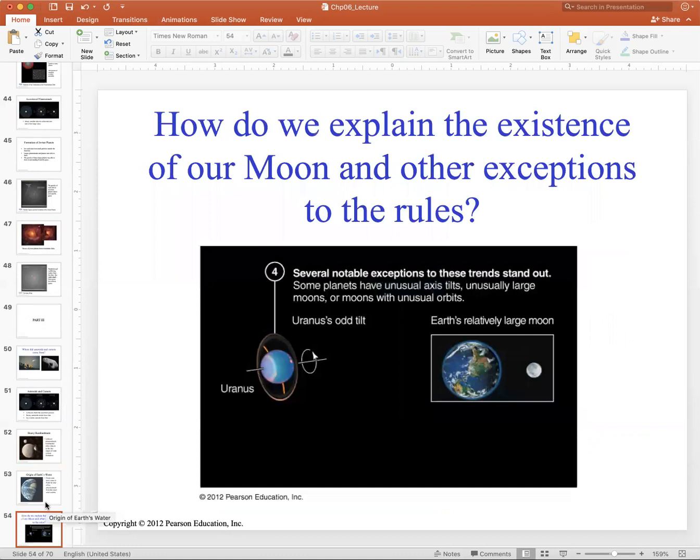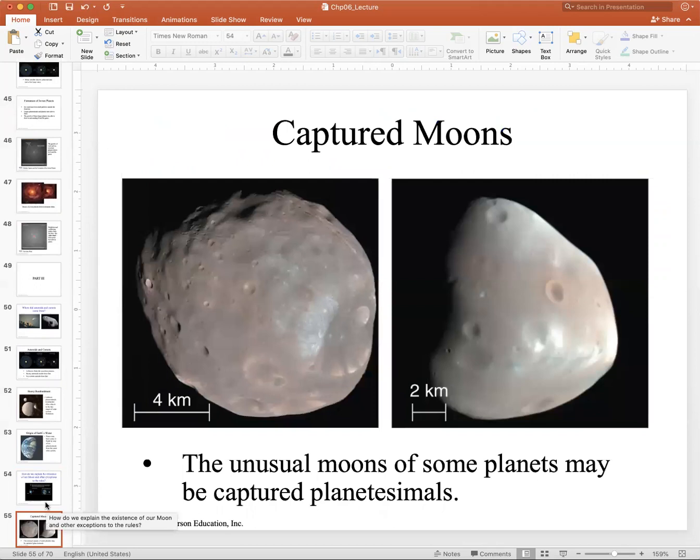But we still cannot really explain the odd things that we see in our solar system. Why is the rotation axis of Uranus tilted that way? Why do we have a very large moon compared to our size? When it comes to moons, there are two different ways that a planet can have one.